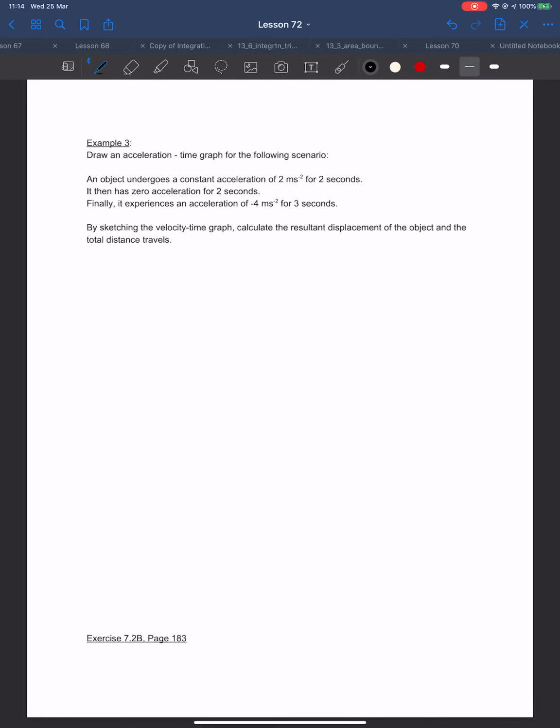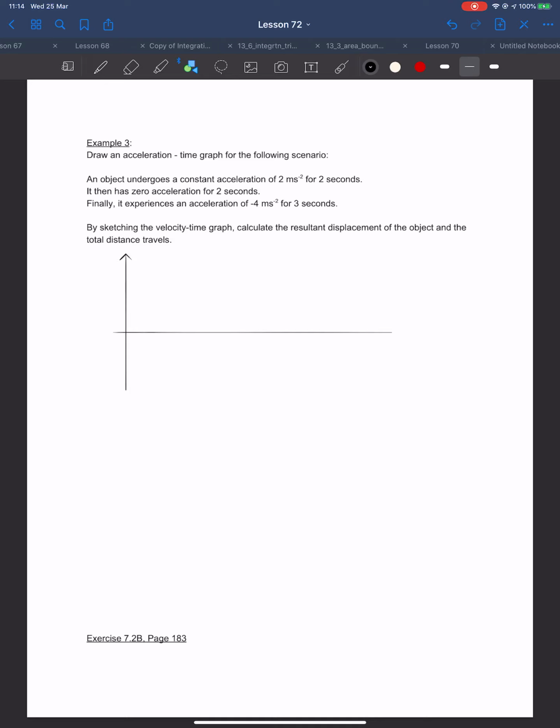Example 3 now. Draw an acceleration time graph for the following scenario. An object undergoes a constant acceleration of 2 metres per second squared for 2 seconds.